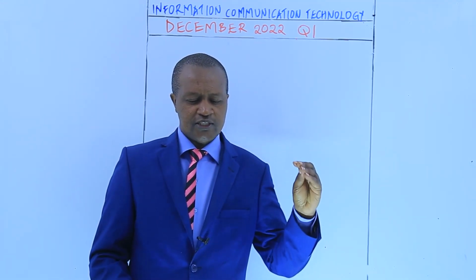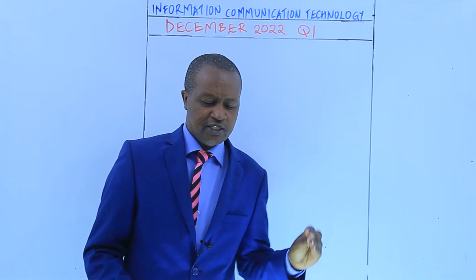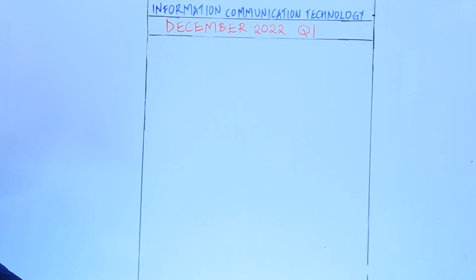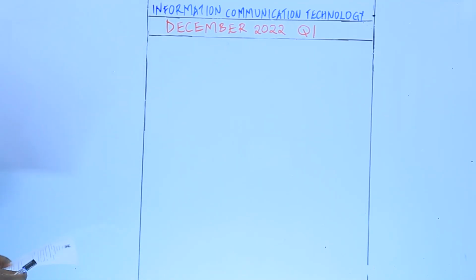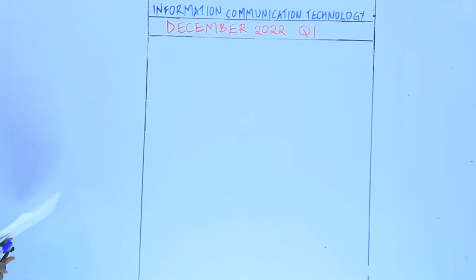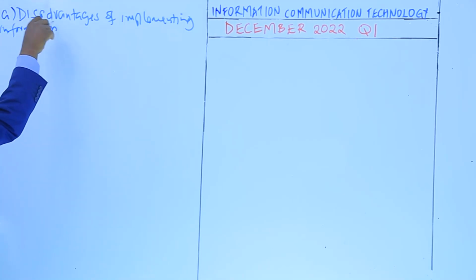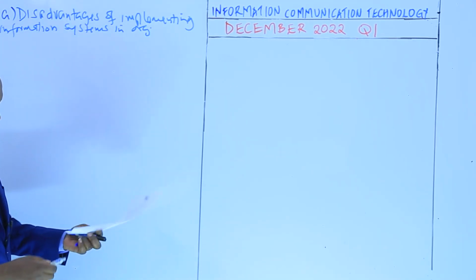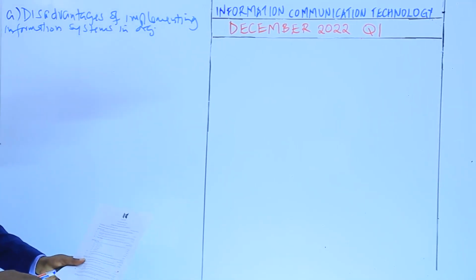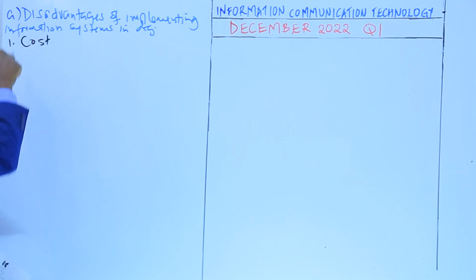State 4 disadvantages of implementing information systems in an organization. This is question 1. Disadvantages of implementing information systems in organizations. Number 1, cost.